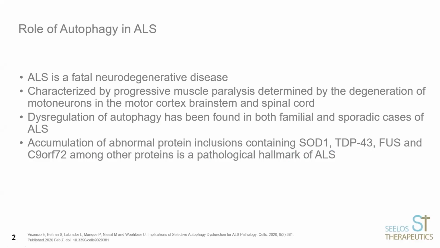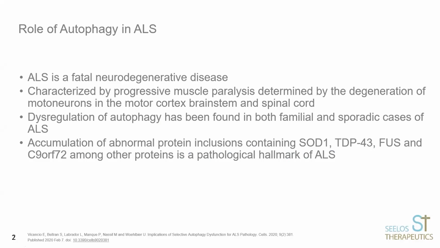If we focus on the phenotype of the disease, it manifests itself with progressive muscle paralysis, accompanied by the degeneration of the motor neurons in the spinal cord as well as in the cortex and brainstem. So that's the phenotype of the disease, followed by the genotype.